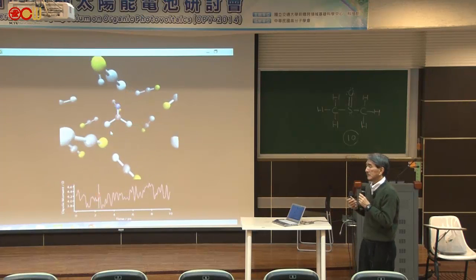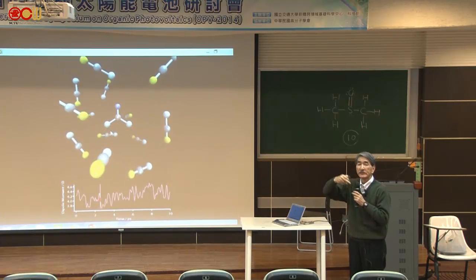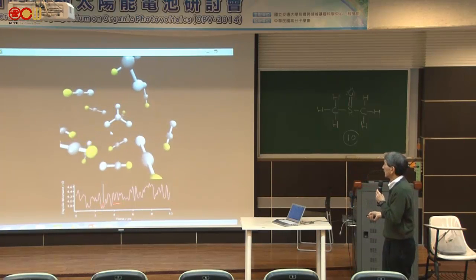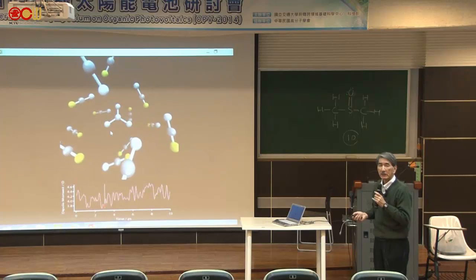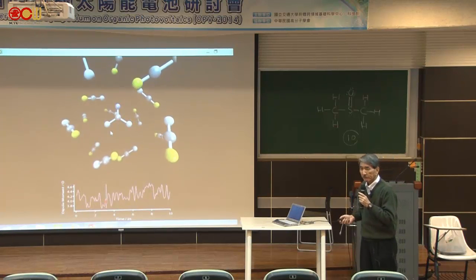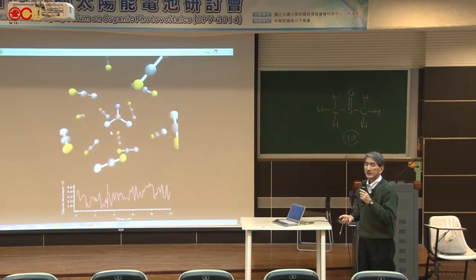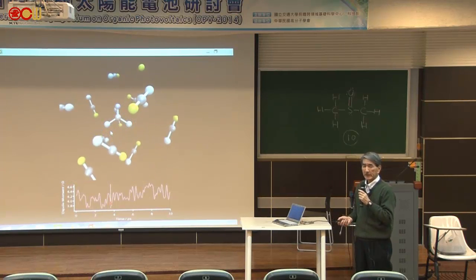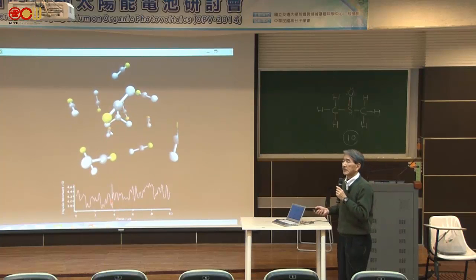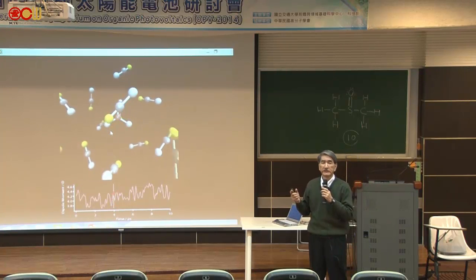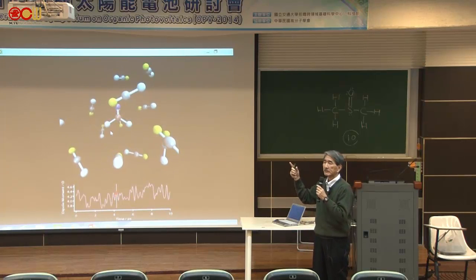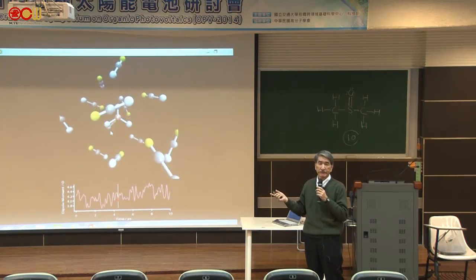So if you carefully analyze the band shape, you can get information on this kind of polarization, which we call solvent-induced dynamic polarization of the molecule. Okay, so I repeat that we often say that carbon is delta plus and oxygen is delta minus, but delta plus and delta minus are not constant for all time.